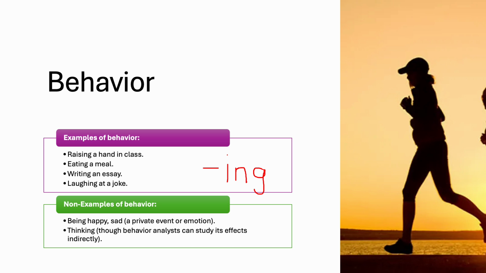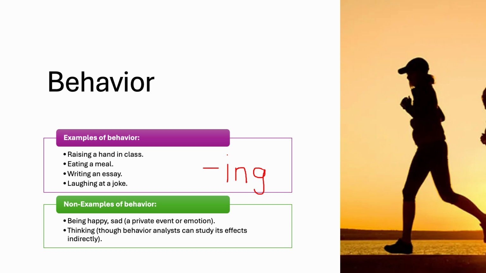Okay. And then some non-examples of behavior are the different emotions or feelings that I described: being happy, being sad. Those are private events that we experience. Having a stomach ache is not a form of behavior. Those are, again, feelings. There are specific stimuli that we feel and that can influence our behavior, but they're not behavior itself. And then thinking, I put thinking under this category, okay?